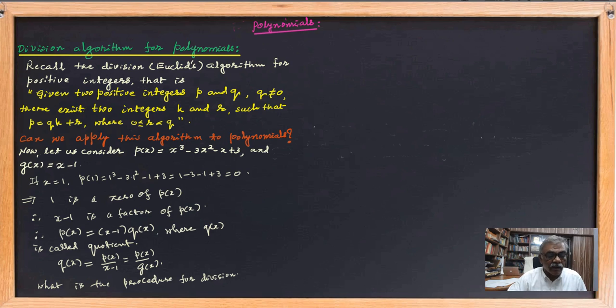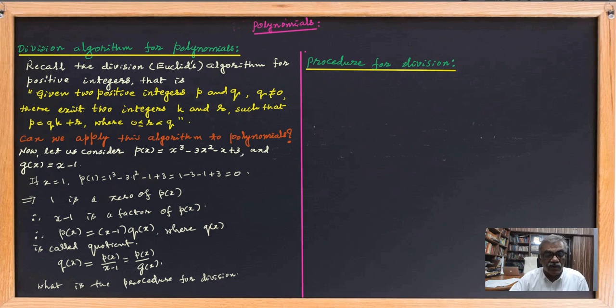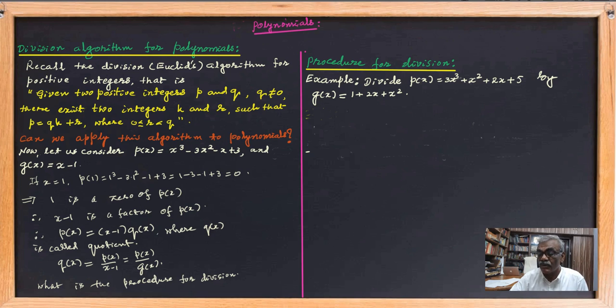The procedure for division of polynomials p(x) and g(x) can be thought of in general, but I am going to consider particular polynomials. Example: divide p(x) equal to 3x cube plus x square plus 2x plus 5 by g(x) equal to 1 plus 2x plus x square.